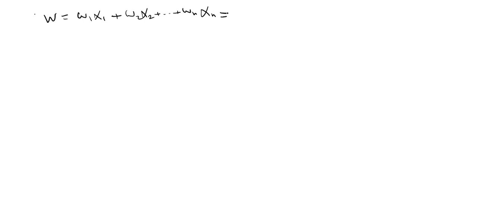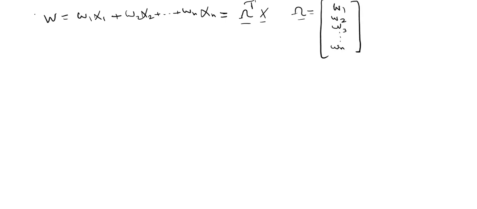I can write this in vector form. Actually, it's omega transpose X, where omega is a vector with elements omega 1, omega 2, until omega n.